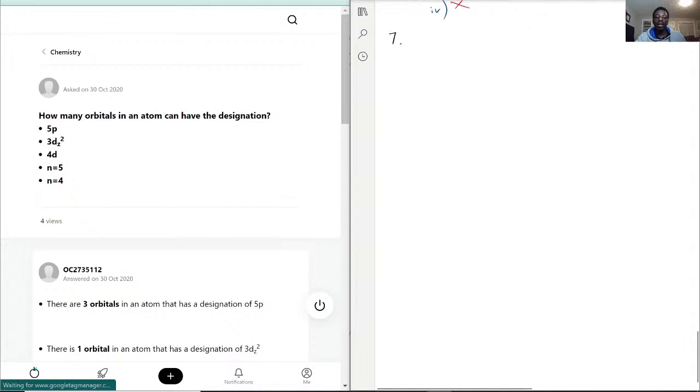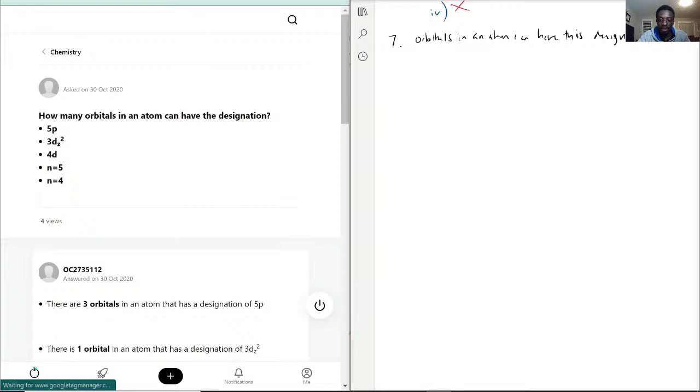Okay. How many orbitals in an atom? So orbitals in an atom can have this designation. This is a combination of the theoretical numbers, what are they called?